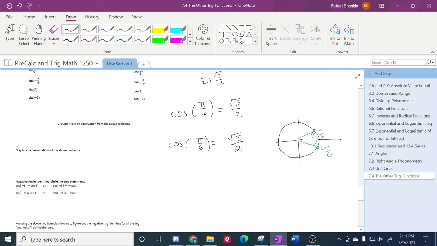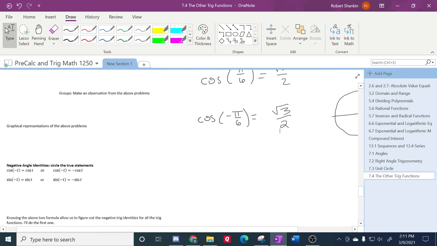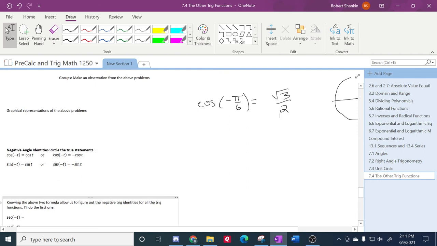Alright, so down here it asks us, circle the true statement. Cosine of negative t equals cosine t, or cosine of negative t equals negative cosine of t. What it's saying is, do these two things give you exactly the same, or do they give you things that are opposite?